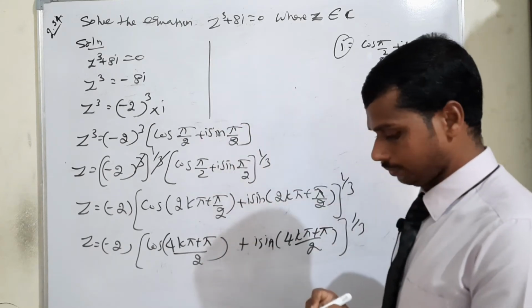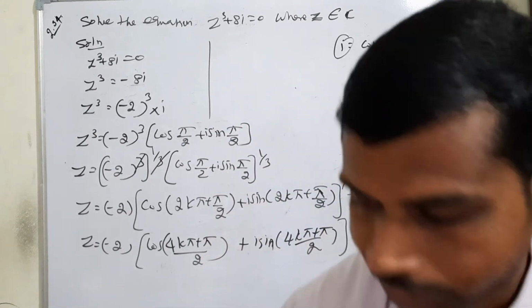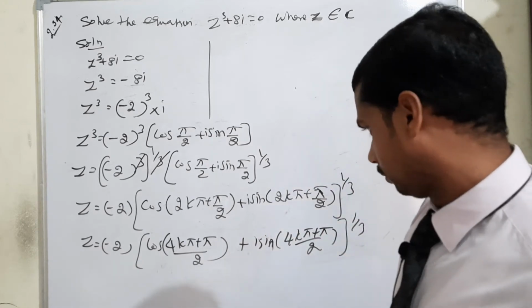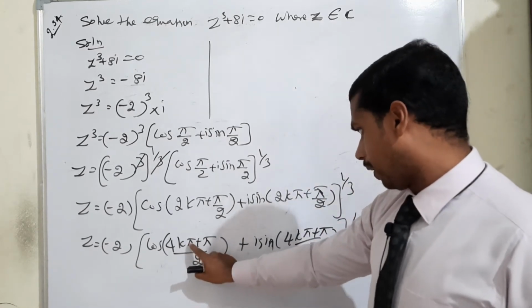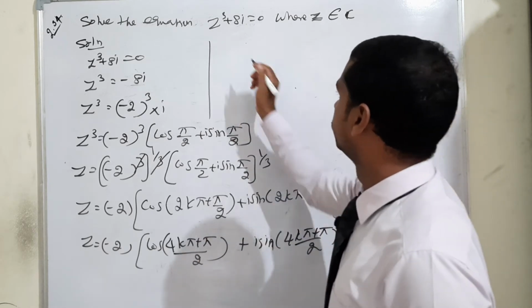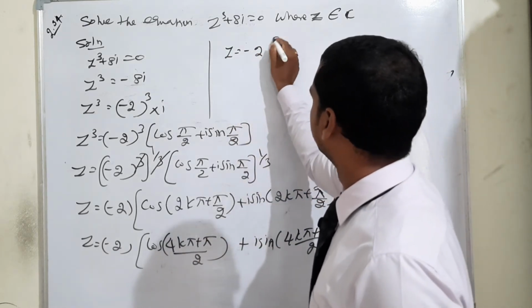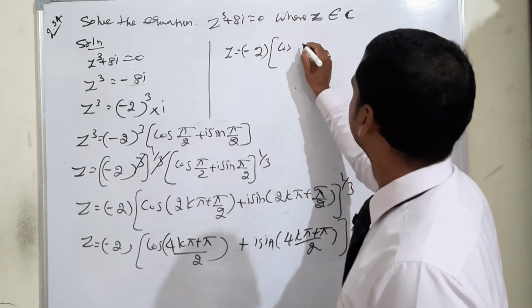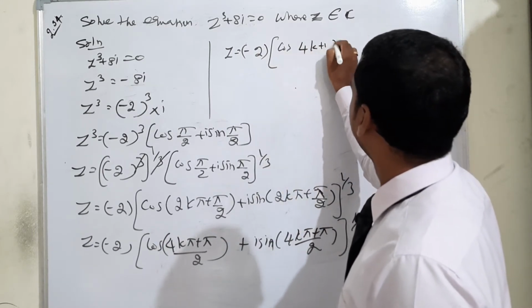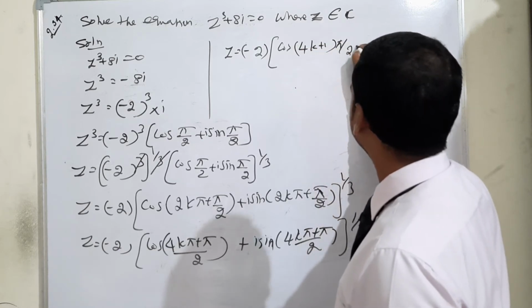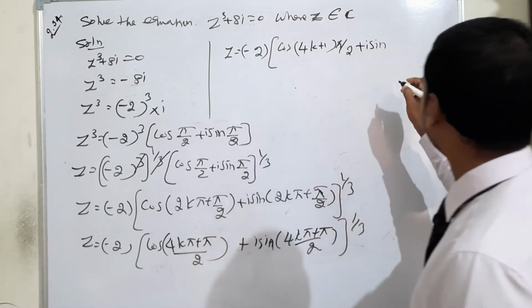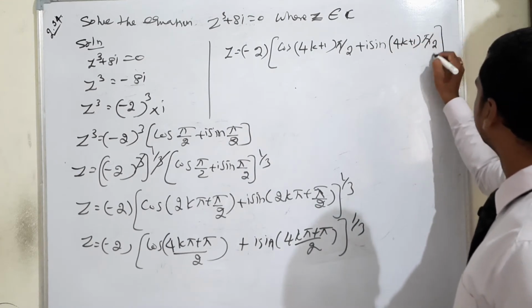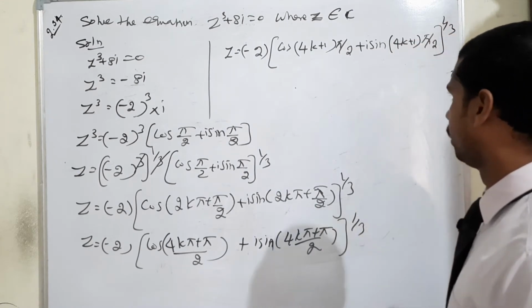Now pi taking common outside, what will happen? z is equal to minus 2 into cos of 4k plus 1 into pi by 2 plus i sin of 4k plus 1 into pi by 2, the whole power of 1 by 3.